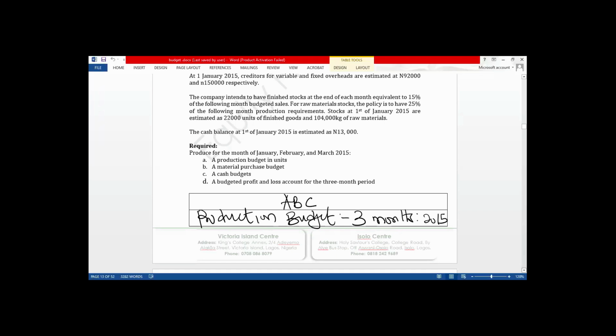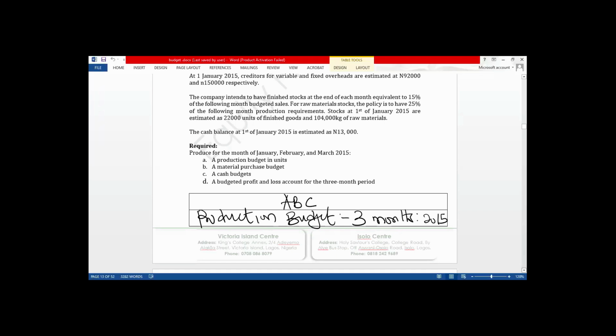If you look at this question, requirements A and B is functional budgets, production budgets, and raw material purchase budgets. Requirements C and D is on financial budgets.